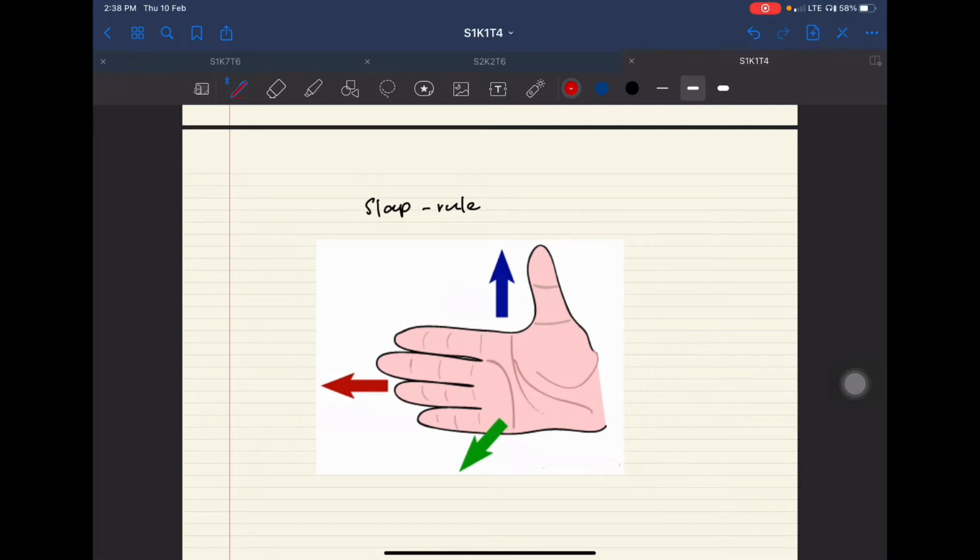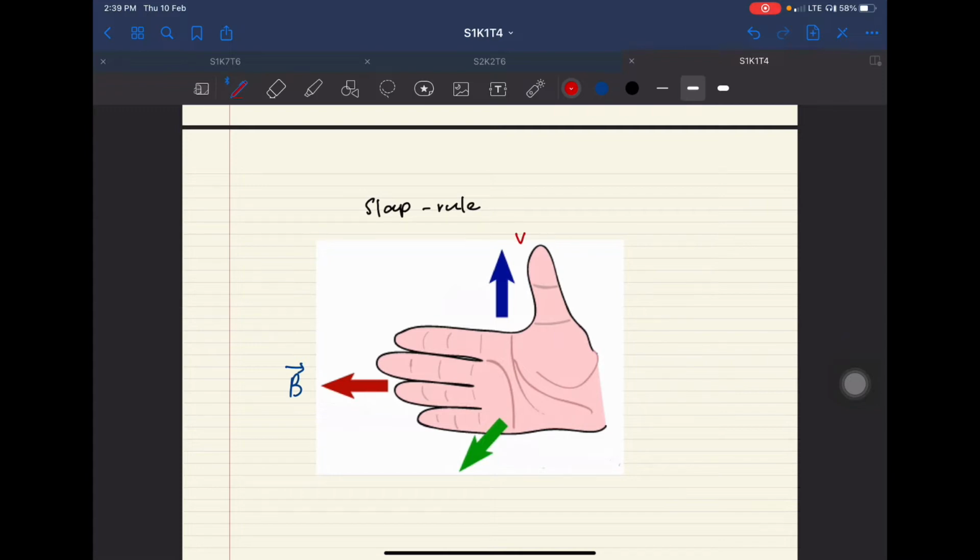For this example, all your four fingers will be pointing towards the magnetic field. The direction of the electrons or the charge would be your thumb.